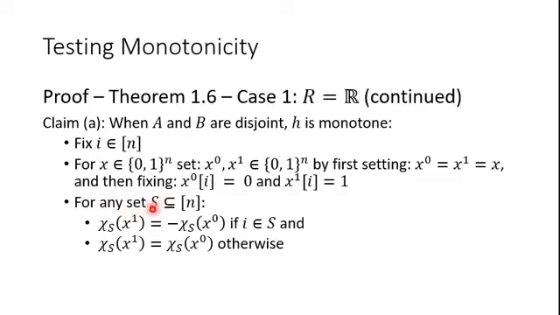So for any set S that is a subset of 1 through n, we can see the following two relations. If i is in S, we have that chi_S(x1) is the negative of chi_S(x0).